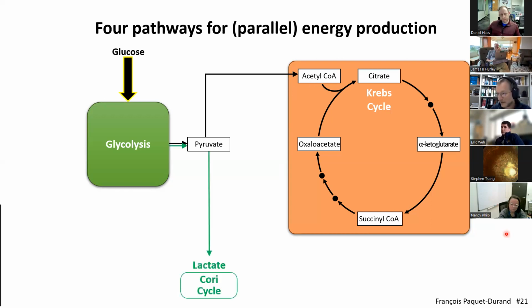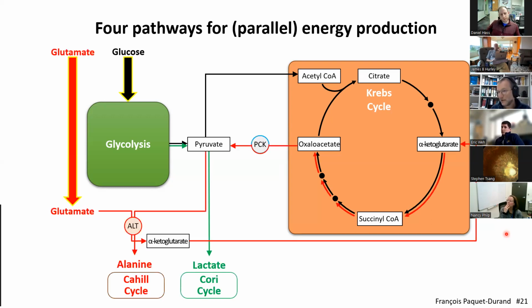The classical textbook thing. The alternative would be the Gaur cycle, where the pyruvate is converted into lactate, and this does not use oxidative phosphorylation. The second alternative would be the Cahill cycle, where you would generate alanine and could run oxidative phosphorylation in addition.